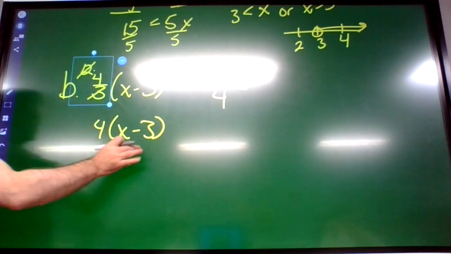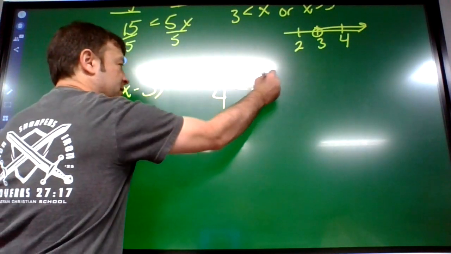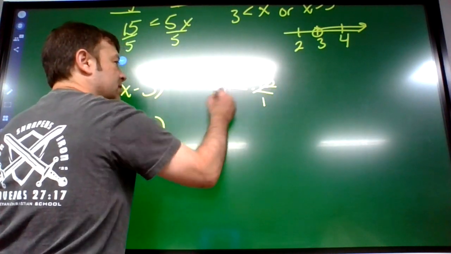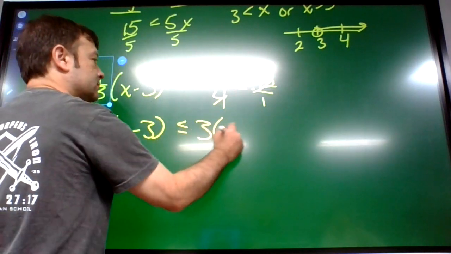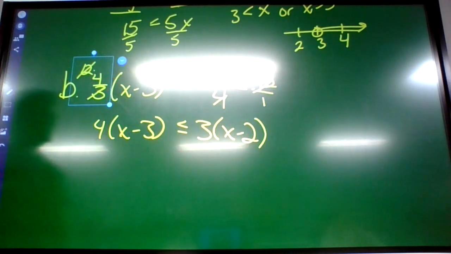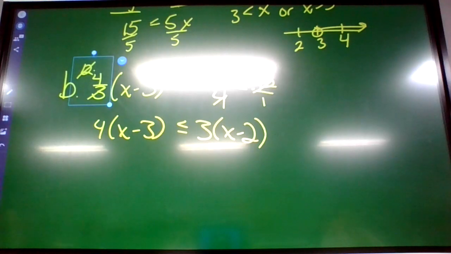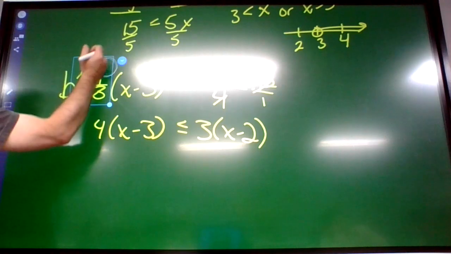It's like one term. So then when you multiply this side by 12, it becomes a 3. And no more fraction. I probably shouldn't have done that.